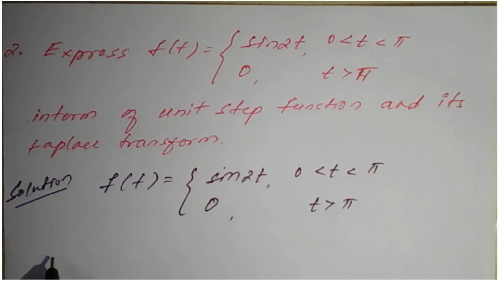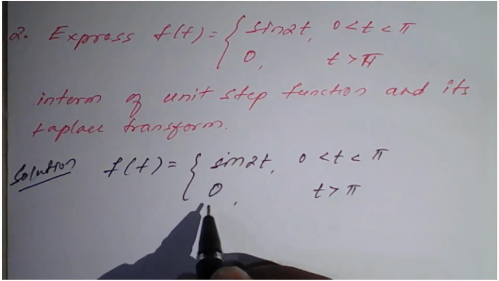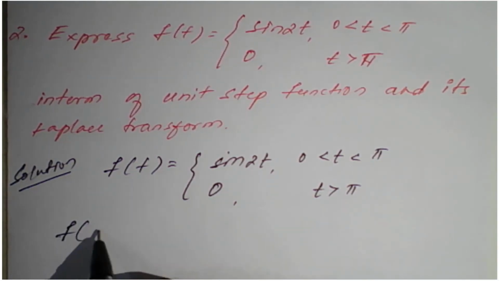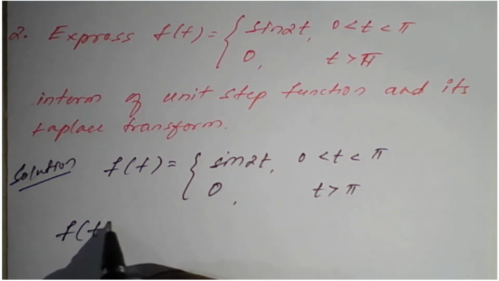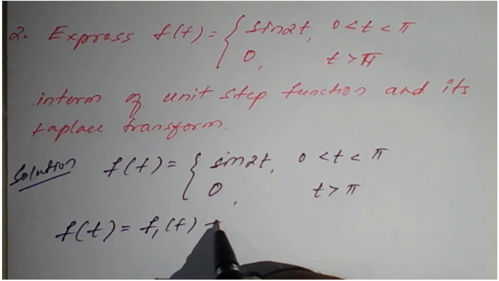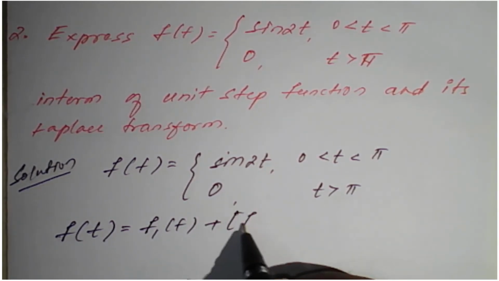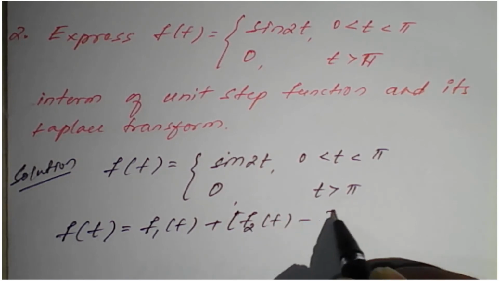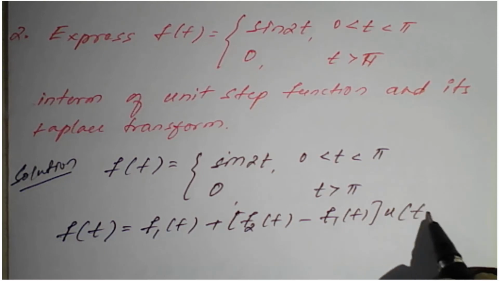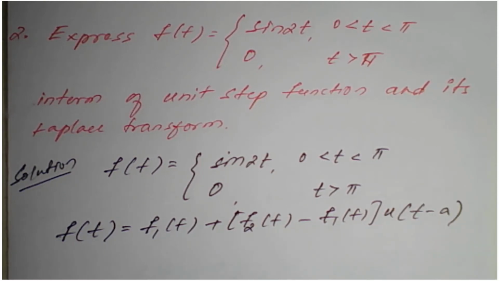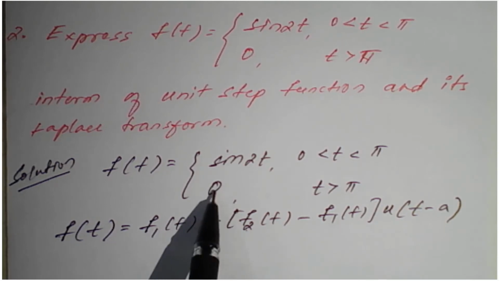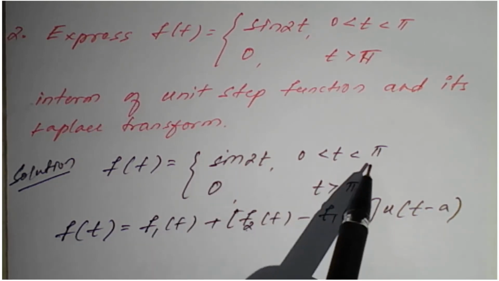As we know the formula, this is f1 of t and f2 of t, so I'll write directly. So f of t is nothing but f1 of t plus f2 of t minus f1 of t into u of t minus a. Here f1 of t is sine 2t, f2 of t is 0, and the value of a is pi.